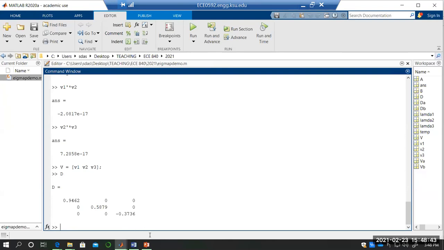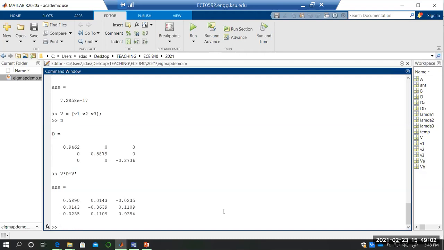So what did our spectral decomposition theorem say? A was equal to V lambda V transpose. So let's do that. V times D, which is lambda, times V transpose, and we get this. Is it equal to A? It is equal to A, right? Yes. Now take any x.